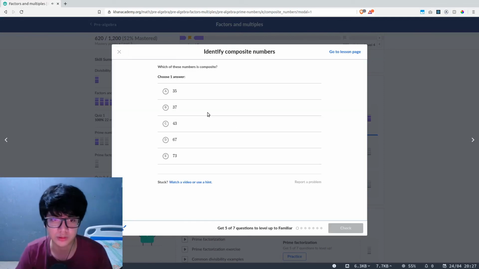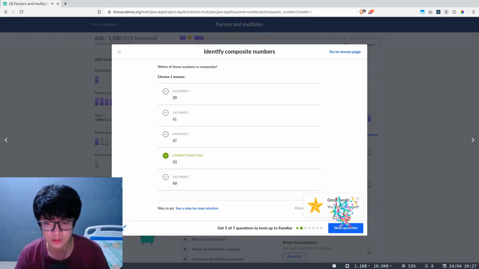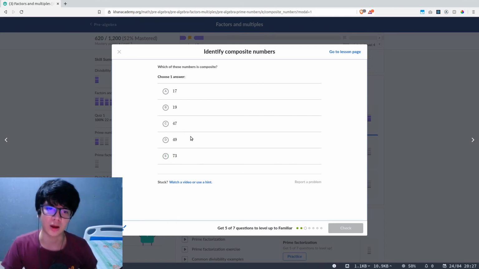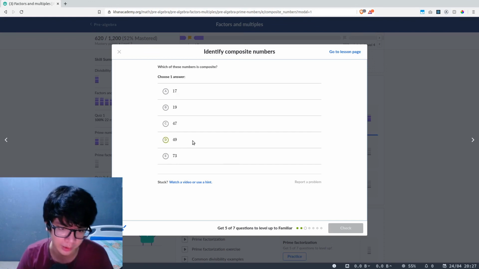Identify composite numbers, okay? It's composite. First 49. Ah, this is hard. This is 73, or 49. Either of these two, right? Let's see.